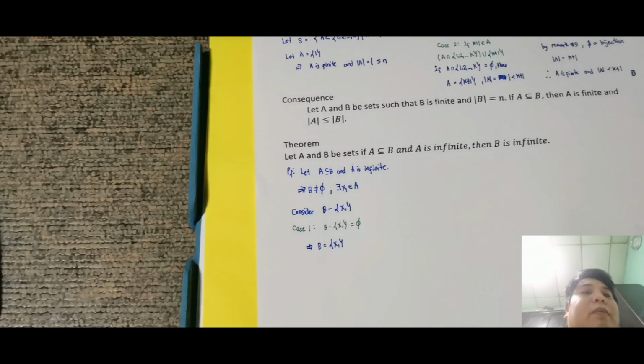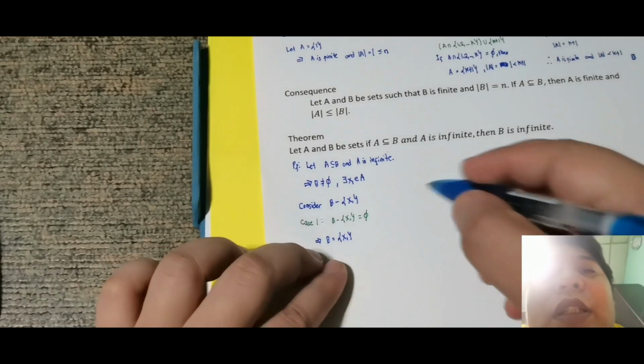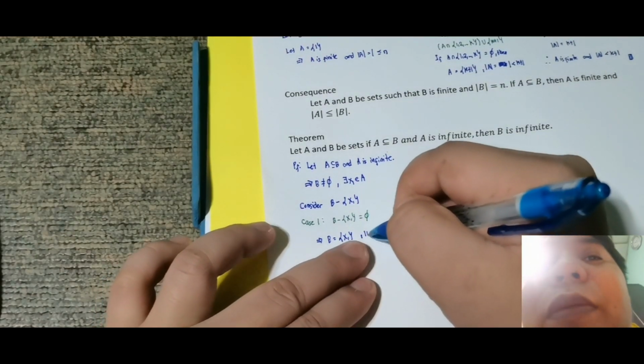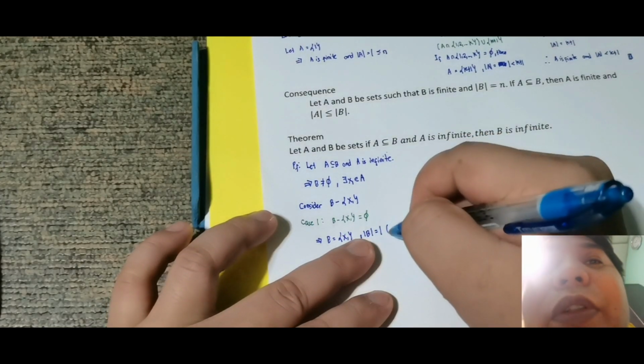Okay, so, sir, bakit? Kung papalitan ko na ng the set containing x sub 1, the set containing x sub 1 minus or relative complement the set containing x sub 1, that is equal to empty. Yun ibig sabihin. So, since ganito, therefore, the cardinality of B is equal to 1. Okay? So, this is absurd.